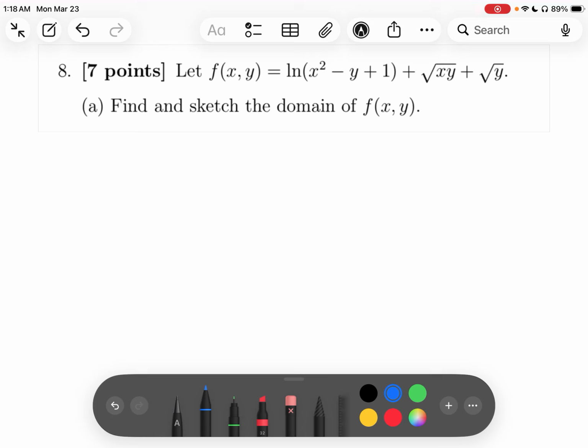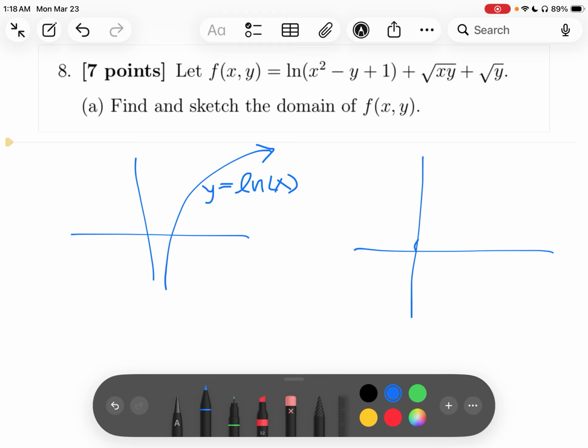If we look at ln, it looks like this, right? And the square root function looks like this.